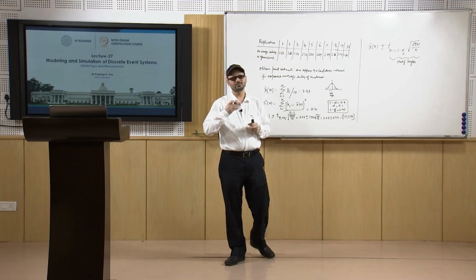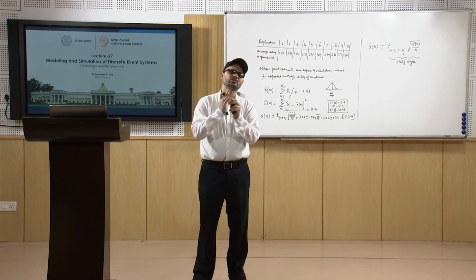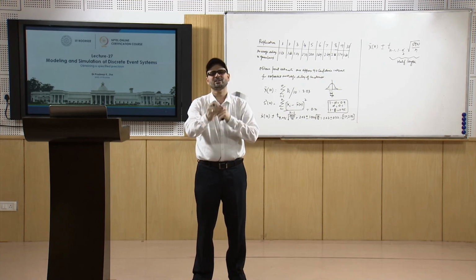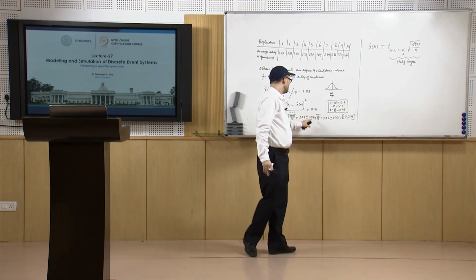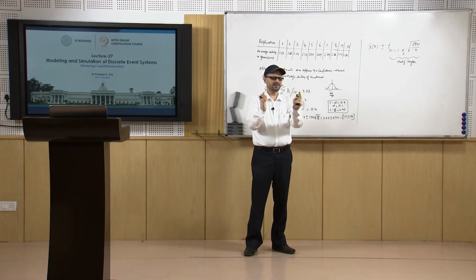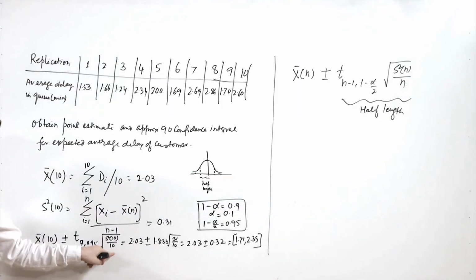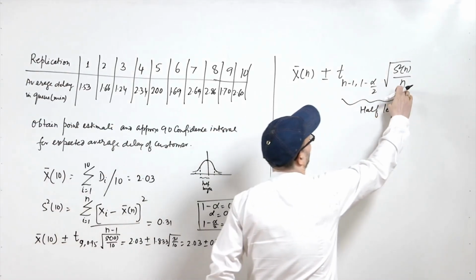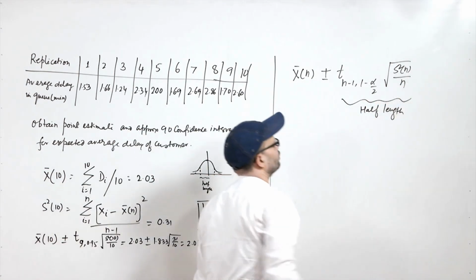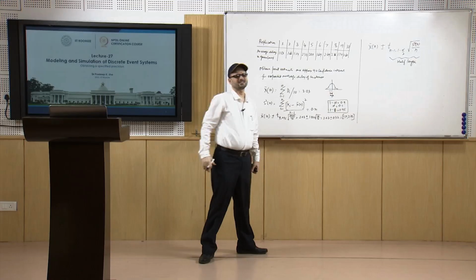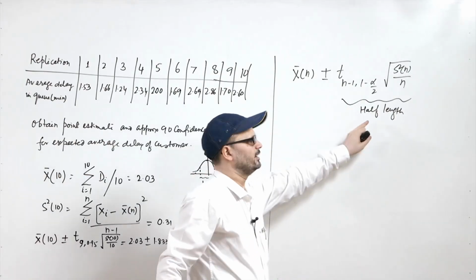As we discussed, we cannot increase alpha, because that gives us more chance that the estimation will go outside that limit, since the interval becomes quite narrow. Then we can increase this n. So, as we increase n for a fixed s square n, we can see that we have a lesser value of the half length.